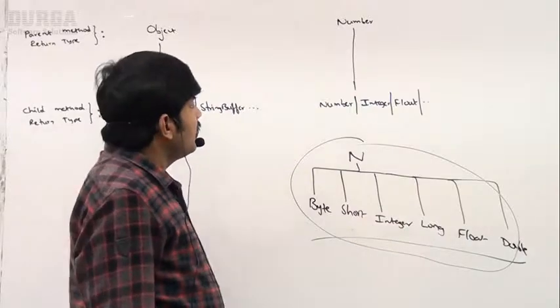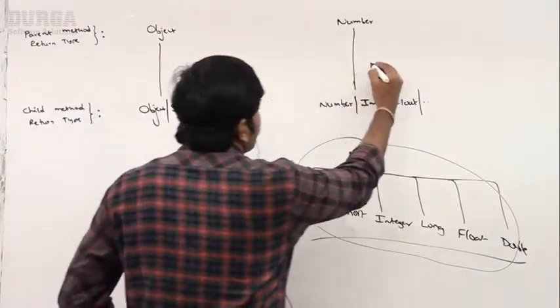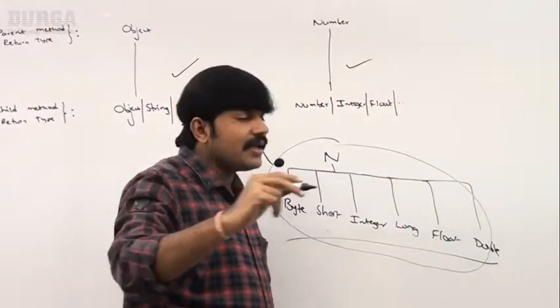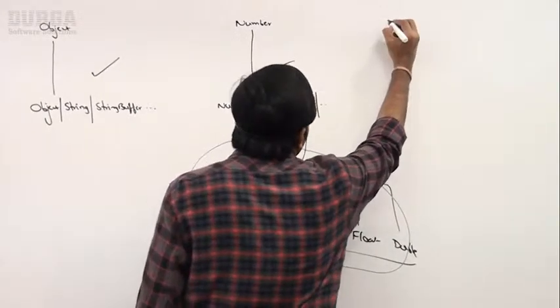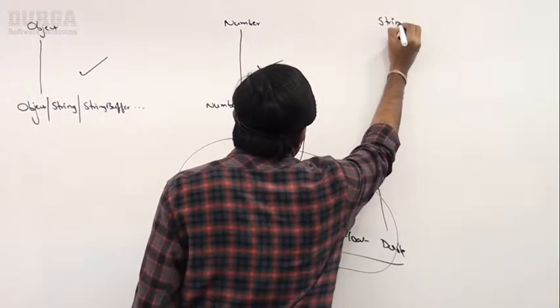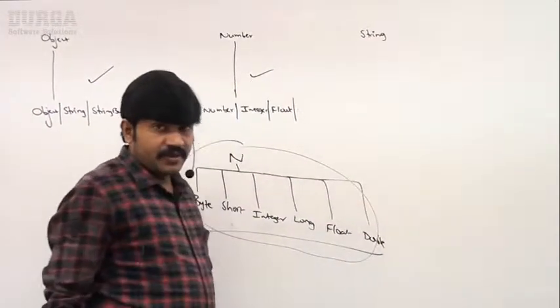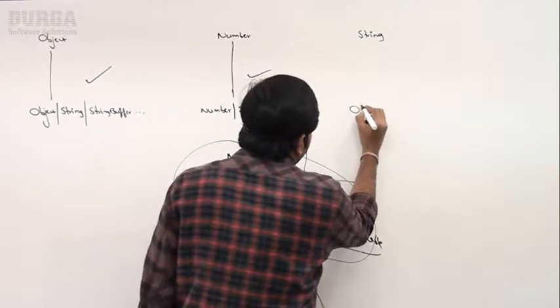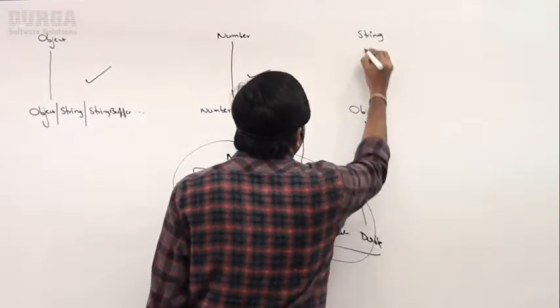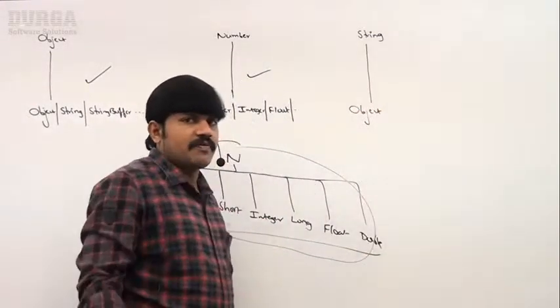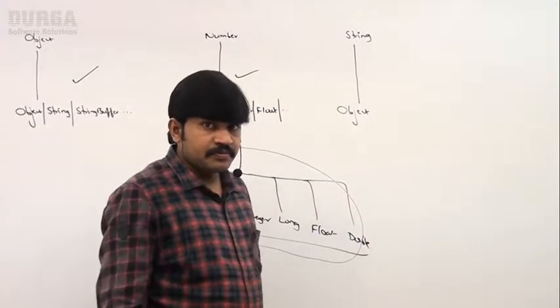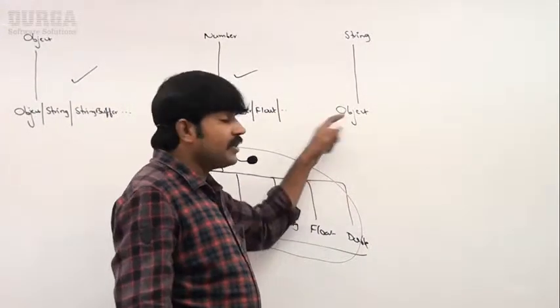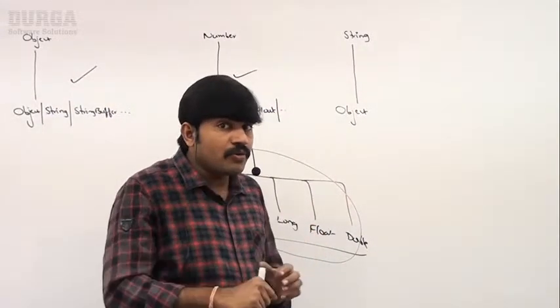Next, observe, the parent method return type is String, but for the child method return type I'm taking Object. Can you confirm, is it valid or not? What is our rule?